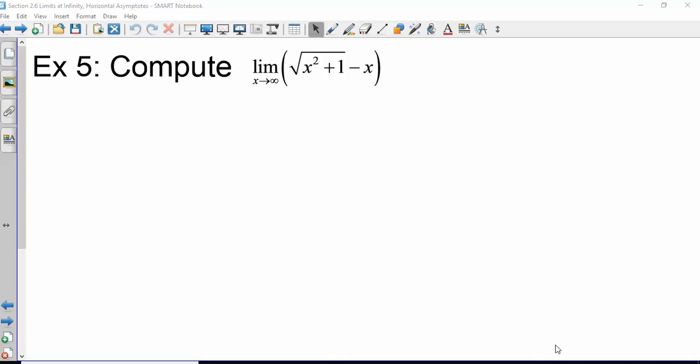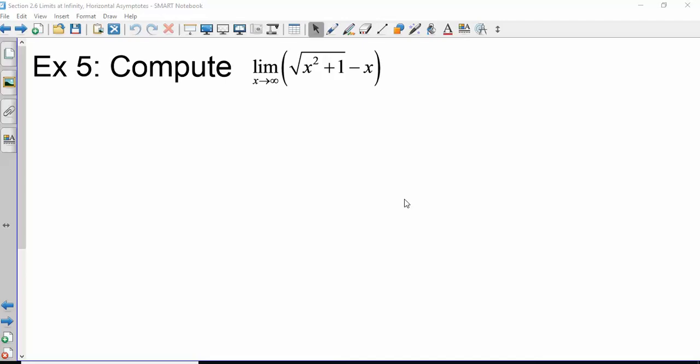Okay, so let's look at this one. I'm asking you to find the limit as x approaches positive infinity here. If I just plug infinity in, I get the square root of infinity minus infinity. Does that mean anything? Do I know what that's going to?